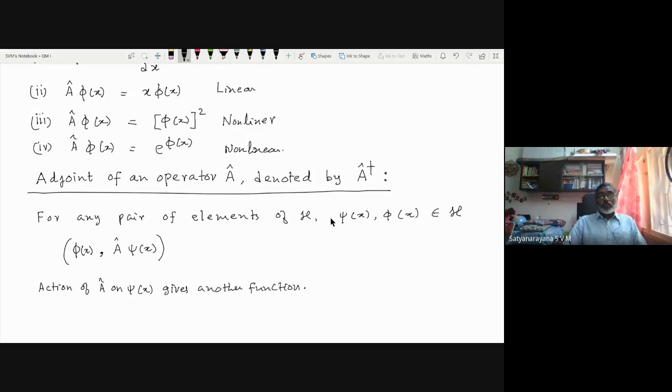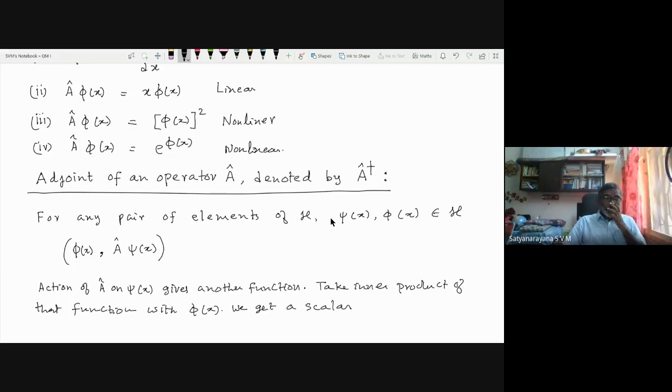Now take the inner product of that function with phi of x. That is, whatever I have written here, I am writing in sentences. What will you get? We get a scalar. It is a complex number. We get a scalar.